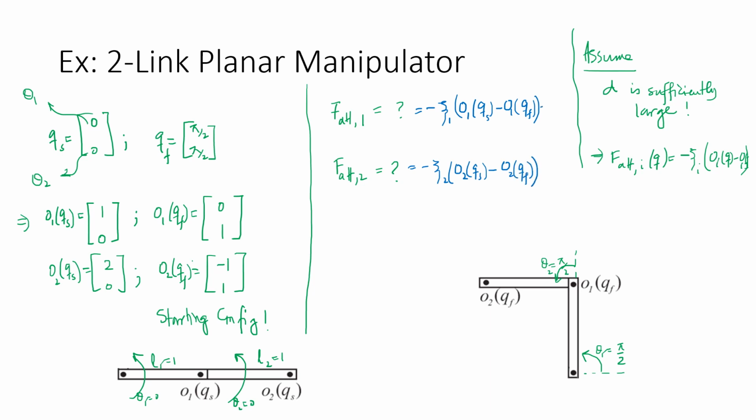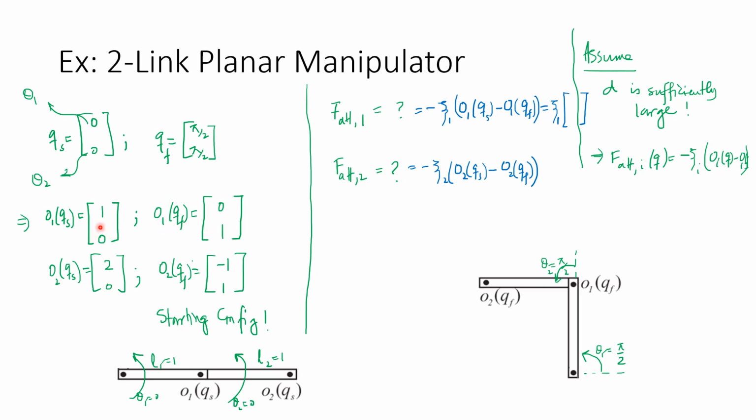So once you have that, you can simply write that one down. So this is going to be zeta 1, and then you can see what is going to be O1 at QS minus O1 at QF, and that can be written down like a vector. So O1 at QS is placed over here, and O1 at QF is placed over here.